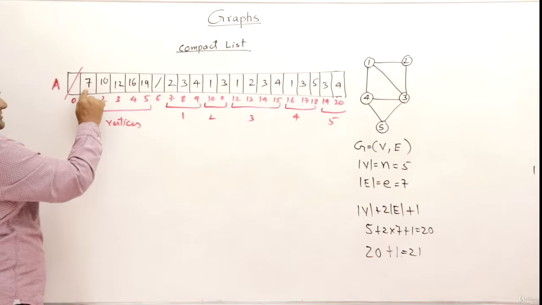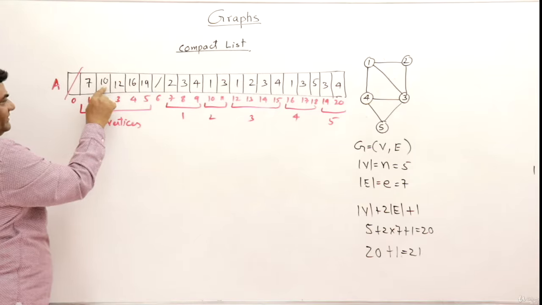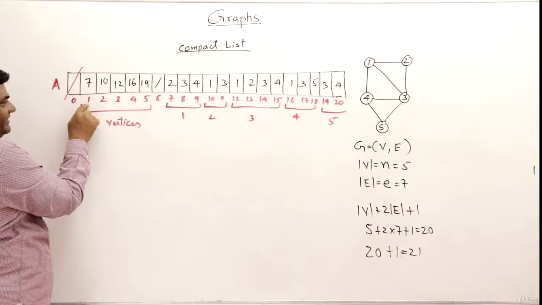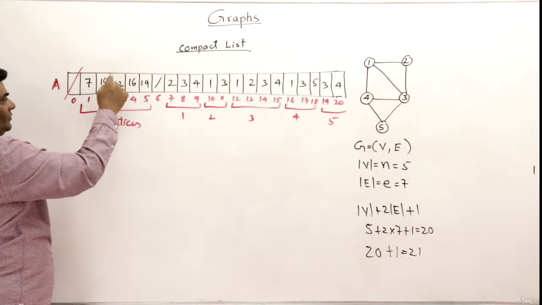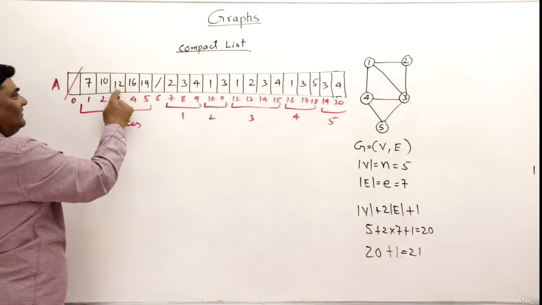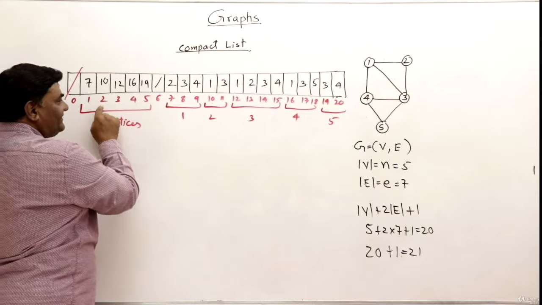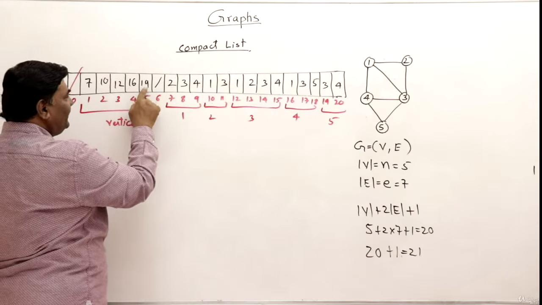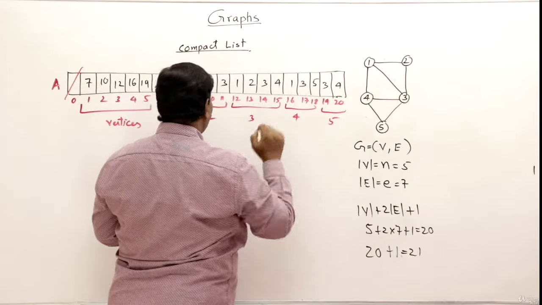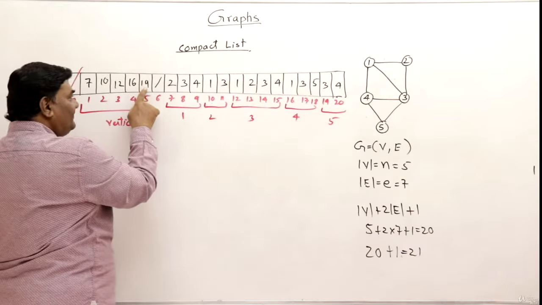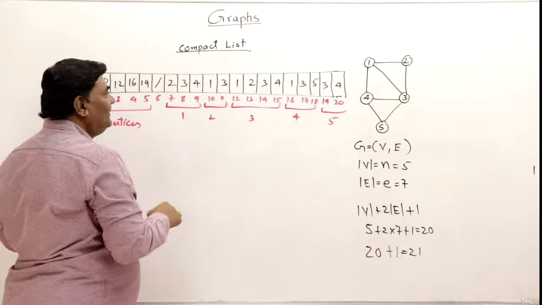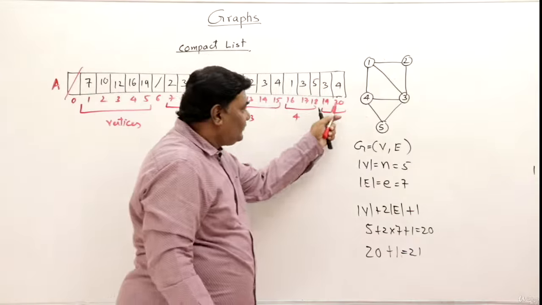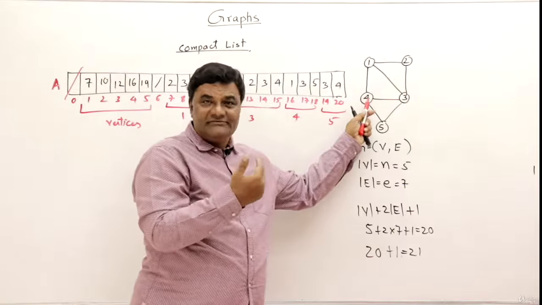Now, from 7 to 10 minus 1, the list of vertices for vertex 1. From 10 to 12 minus 1, 11, the list of vertices for vertex 2. Then for 4, 16 to 18. Then for 5, 19 to what? 19 to 20, means 21 minus 1.